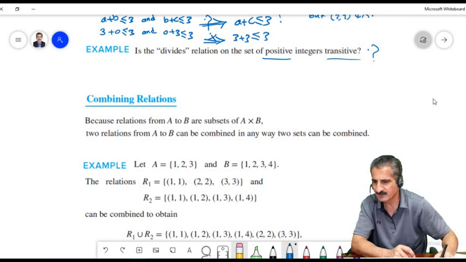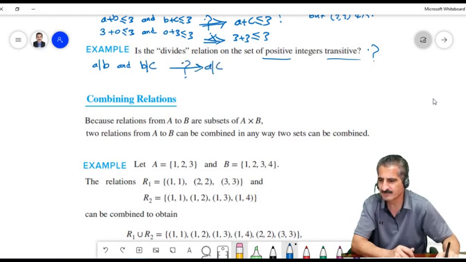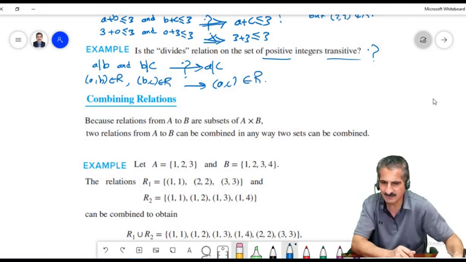So if A divides B and B divides C, can we conclude that A divides C? That means AB belongs to R, BC belongs to R, and that gives for sure AC belongs to R. So it is transitive. So the answer is yes. Okay, so you agree with me in that answer.